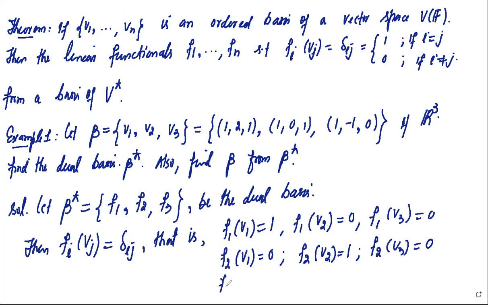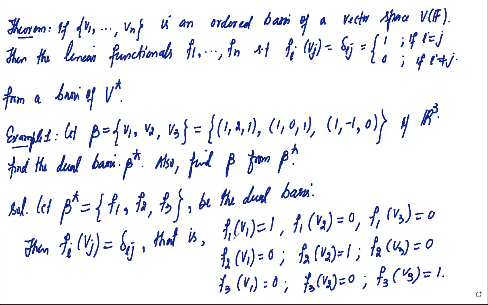And similarly, the linear functional f3 will have these properties. f3 of v1 is 0, f3 of v2 will again be 0, and f3 of v3 will be equal to 1. Because we have that fi of vi is 1, otherwise fi of vj is equal to 0 whenever i is not equal to j. So f3 of v3 will be equal to 1.